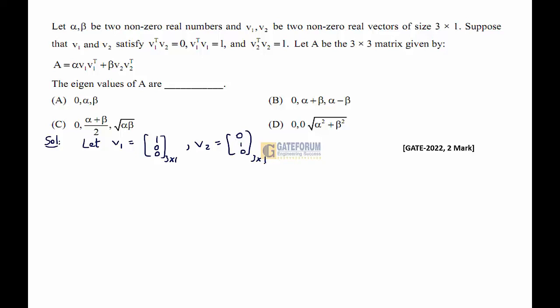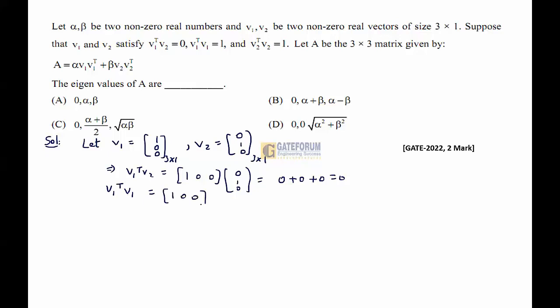Clearly this satisfies the conditions. v1 transpose into v2: a column vector transpose means a row vector 1, 0, 0 multiplied by column 0, 1, 0. So 1 into 0, 0 plus 0 into 1, 0. You know matrix multiplication, 0 into 0, 0. Okay. Next, v1 transpose v1. Let us see whether we get 1 or not. 1, 0, 0 multiplied by column vector 1, 0, 0.